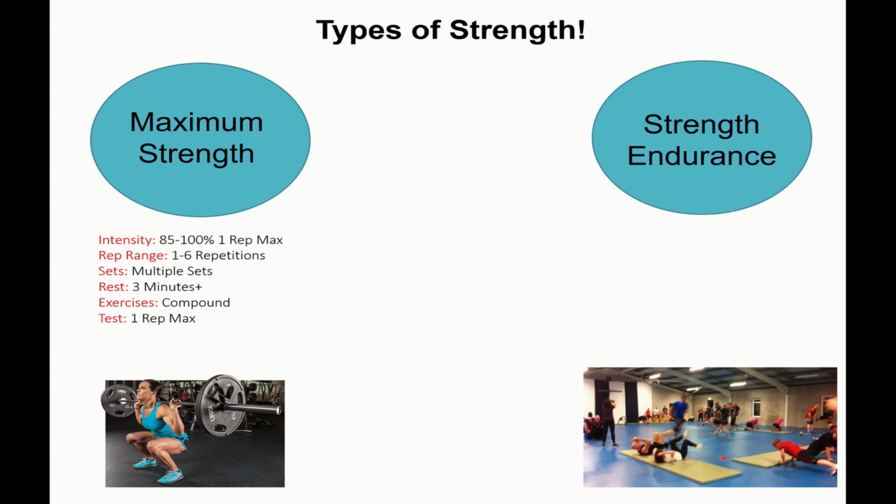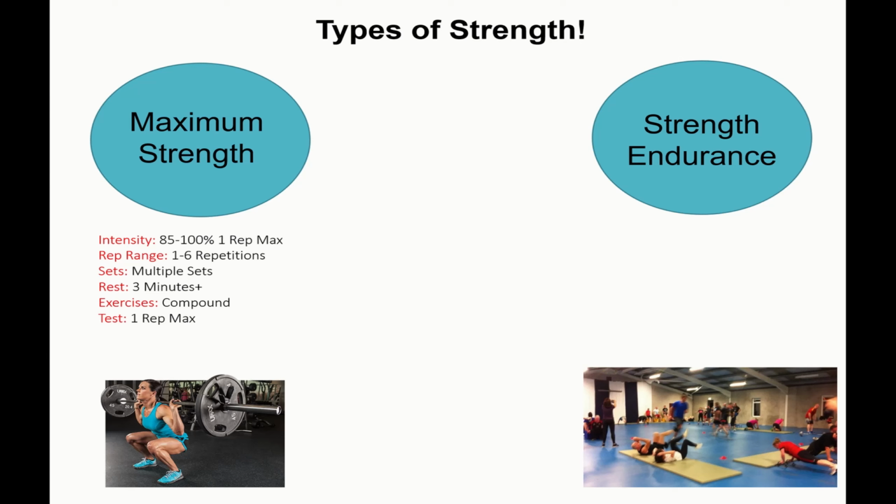So let's say, for example, that my 1 rep max in the bench press is 100 kilograms, then I must be training between 85 and 100% of my 1 rep max in order to bring about increases in my maximal strength. So that means I must be training with as a minimum 85 kilograms on the bar in order to get some increases in this particular biomotor ability.